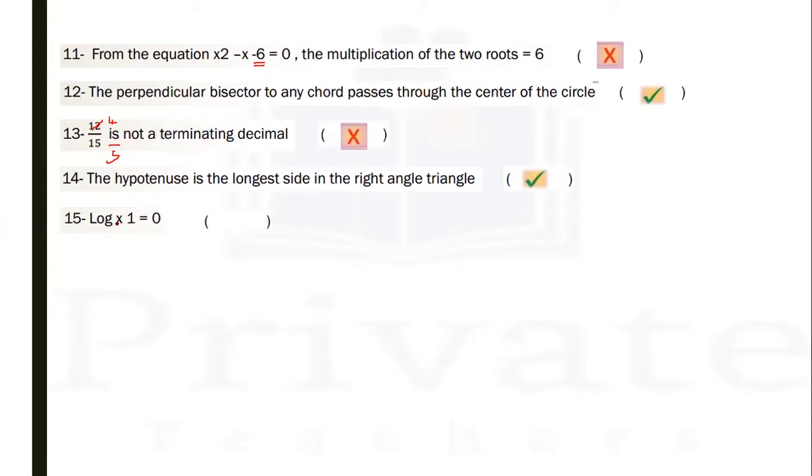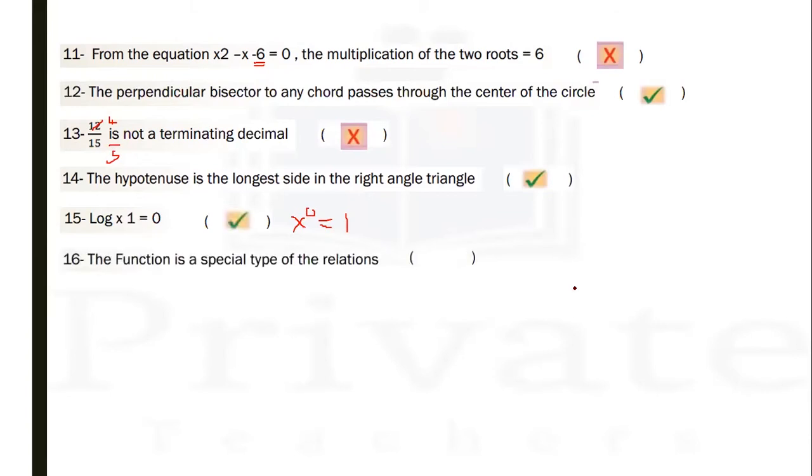So x here represents the base, 0 here represents the exponent, equals, our number here represents the answer. So x to the power of 0 is equal to 1, and this information is true because any number, any variable, anything to the power of 0 is equal to 1. So this information is true.